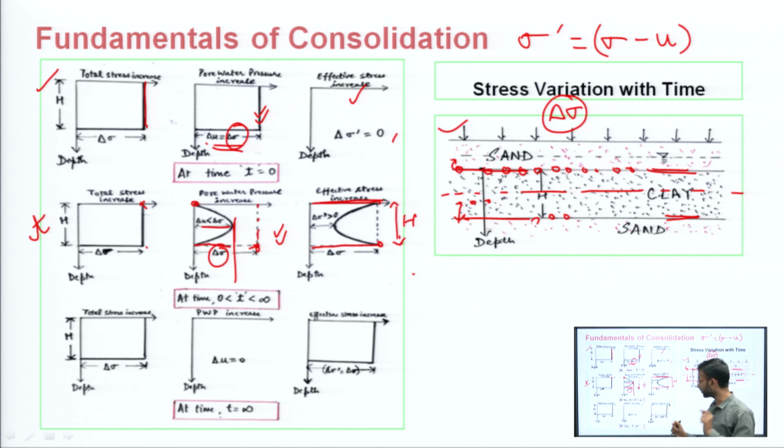So understand one thing, initially the total stress is the same, and at each and every stage the total stress is the same. But when the final consolidation is completed, the pore water pressure reduces to 0 here. So when the pore water pressure reduces to 0, what will be the effective stress value? You know that effective stress is what?